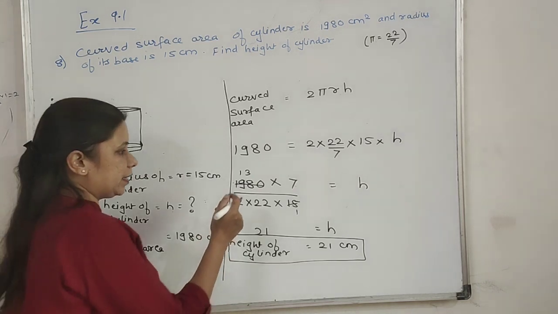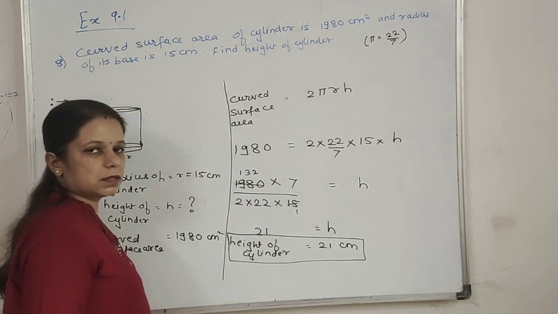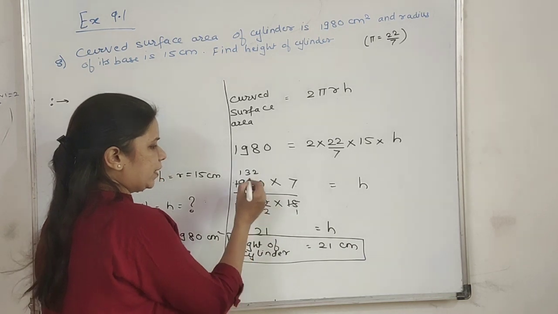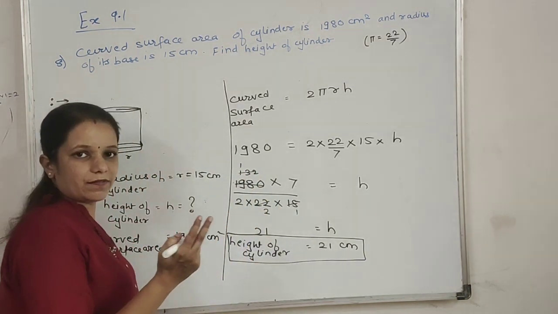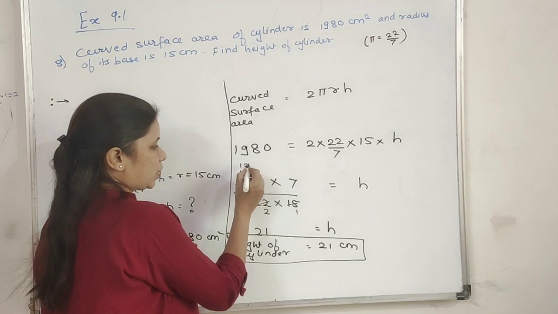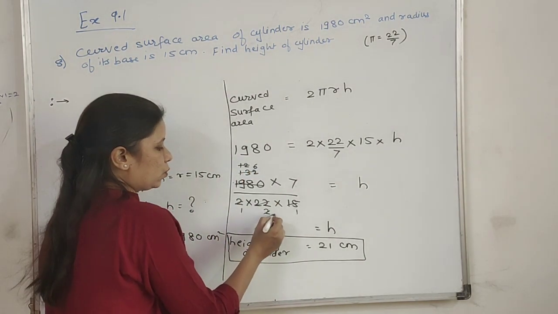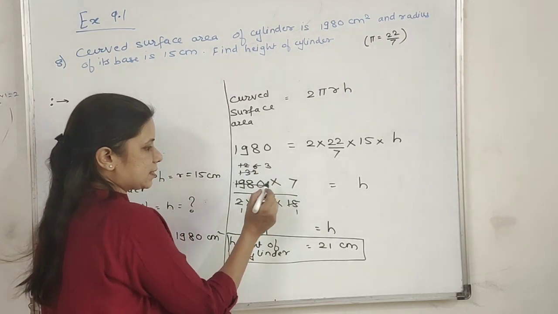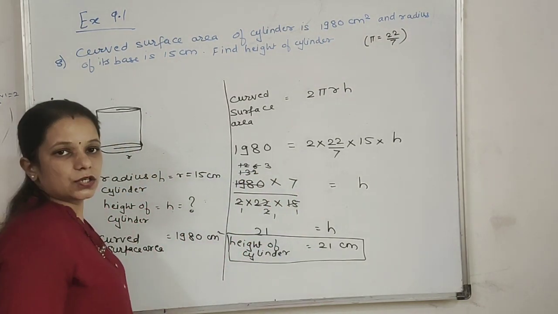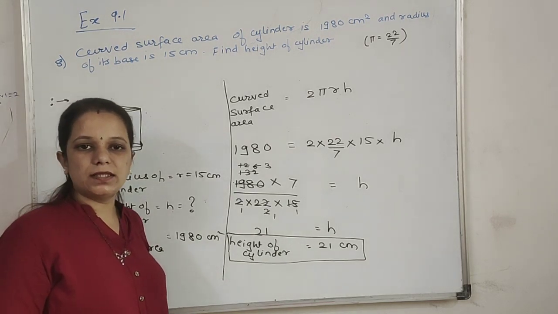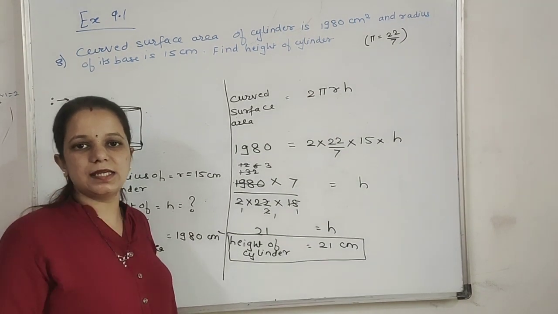You have 3 remaining. 15 twos are 30. Okay. Now 11 twos are 22. 11 ones are 11. 2 remaining. 11 twos are 22. 2 ones are 2. 2 sixes are 12. 2 ones are 2. 2 threes are 6. 7 into 3. You will get height of the cylinder as 21 centimeter. Very easy calculations.